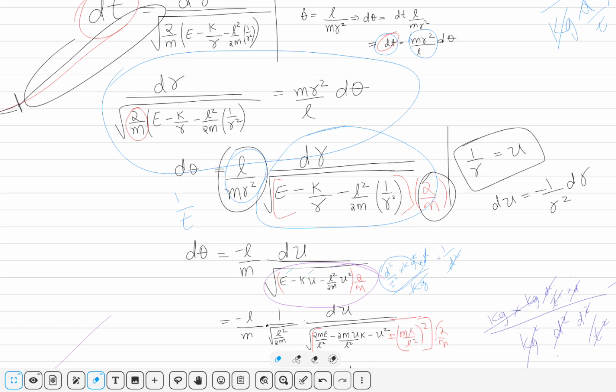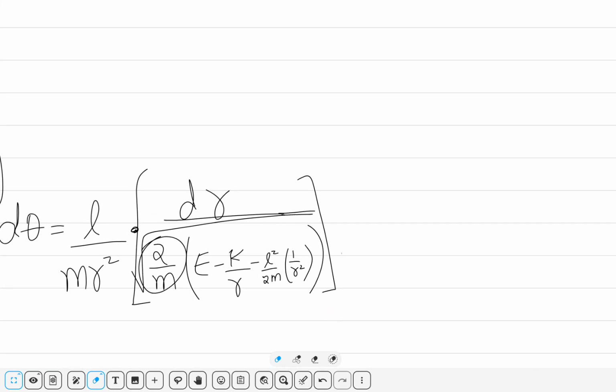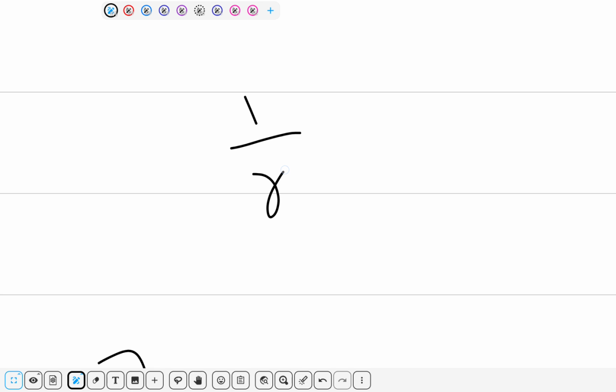So I took u equals 1 by r, and so then he did whatever was in his hand. So let me do it here itself. 1 over r is u.